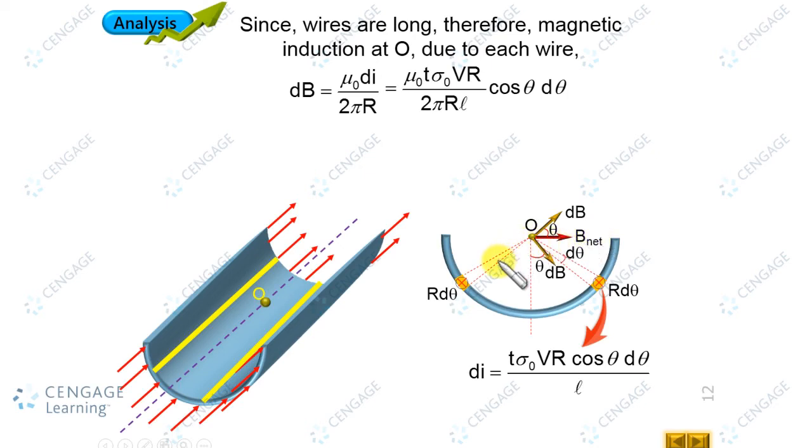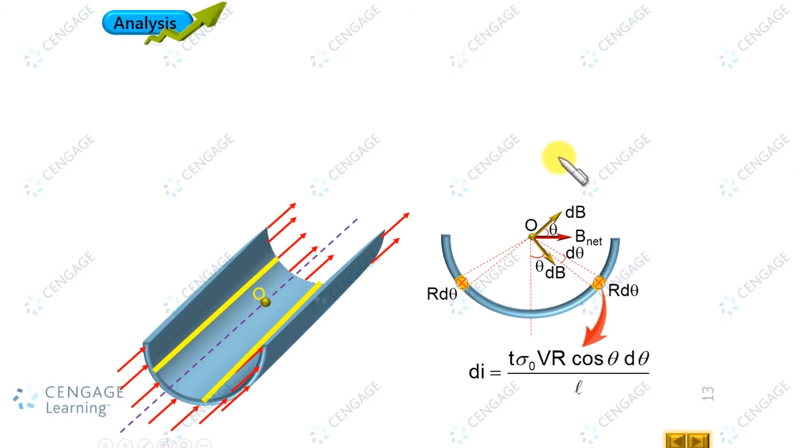That means we need to integrate dB cos theta, and the limit of integration should be minus pi by 2 to plus pi by 2. So let us write B net equal to the integral from minus pi by 2 to plus pi by 2 of dB cos theta. So let us write this expression on the next page, right?